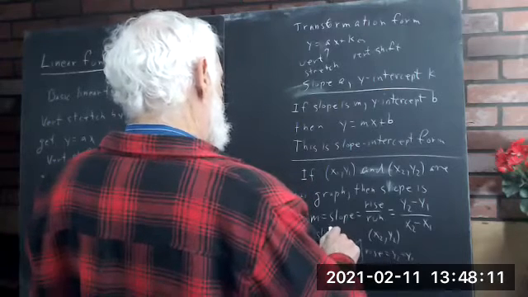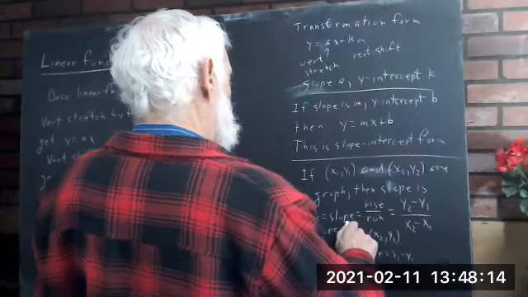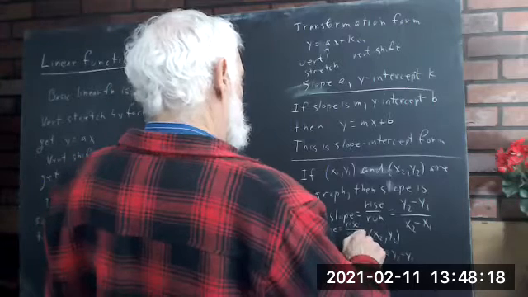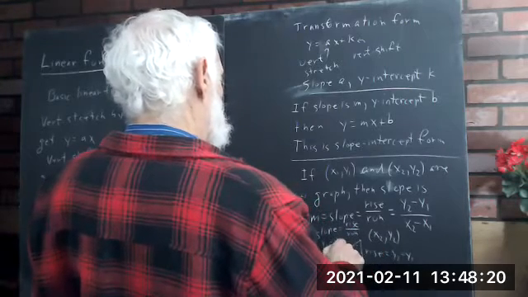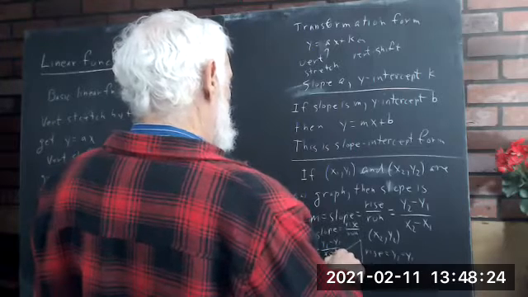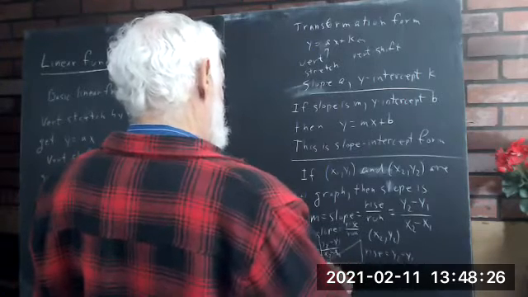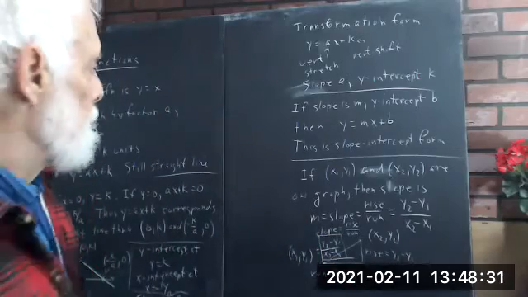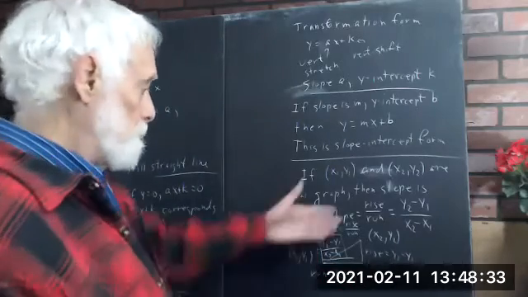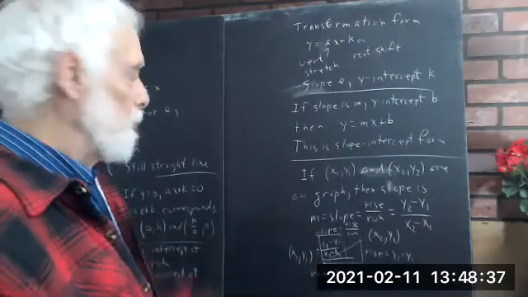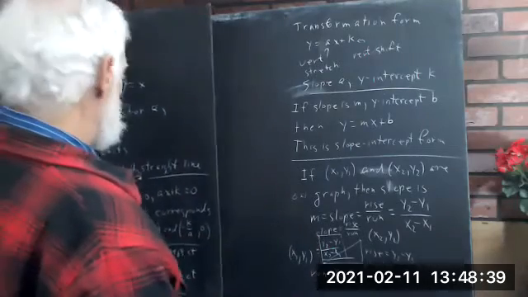So the slope is rise divided by run equals y2 minus y1 over x2 minus x1. And we put a box around that, as we did earlier. Okay, so that's it. We know that that's the slope.